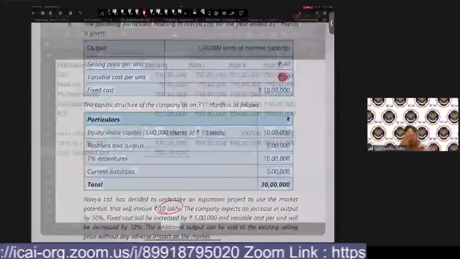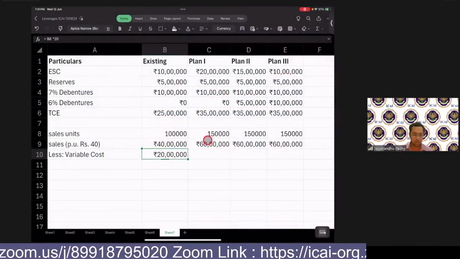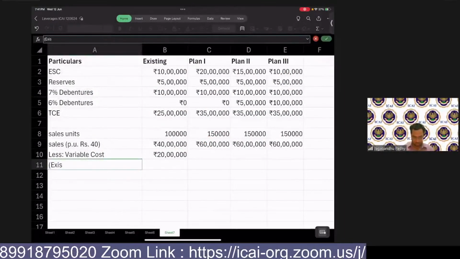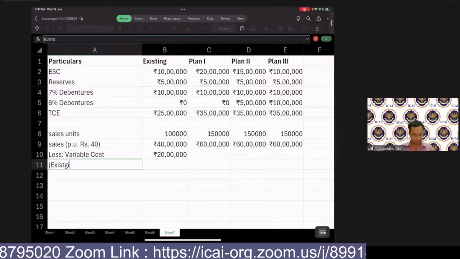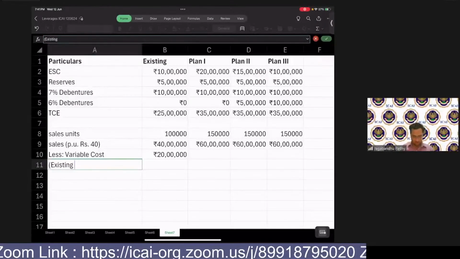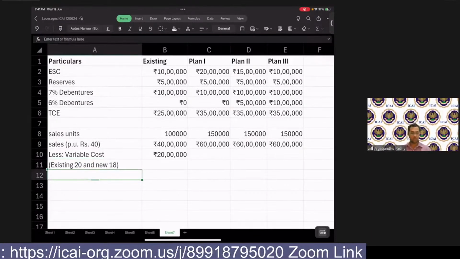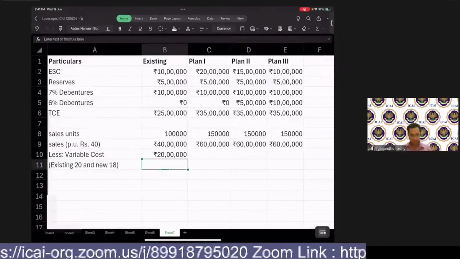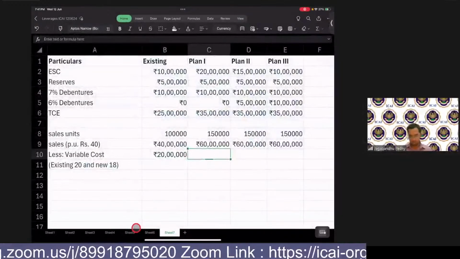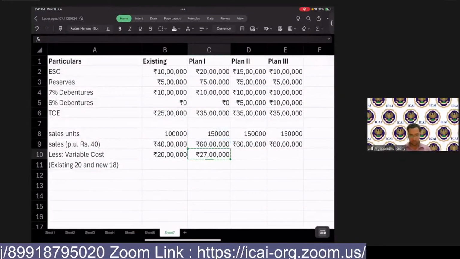Now, since your units are increasing and also your variable cost per unit is changing, existing it is 20 and new it is 18. Because there is a decrease, right? So, it's 18 multiplied by number of units.